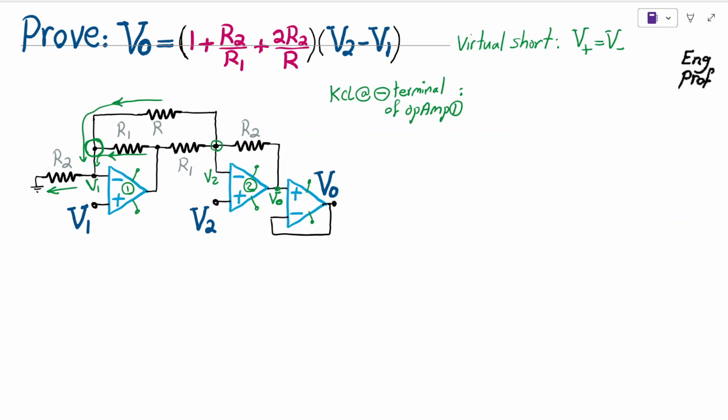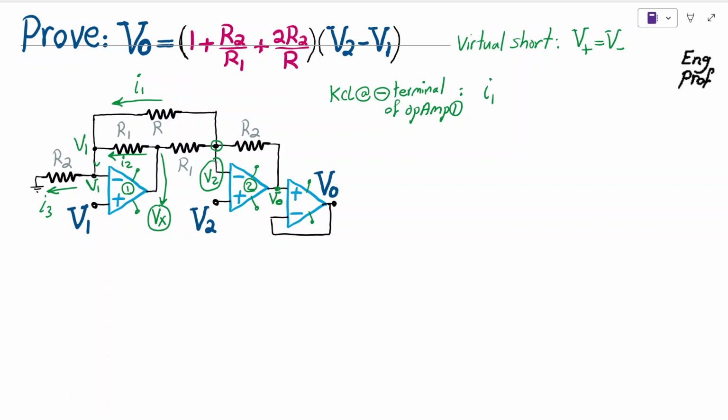If I refer to this node as Vx, the voltage at that node, I have V2 here, and as you can see, I have V1 here. So let's say current I1, and let's say current I2, and let's say current I3.